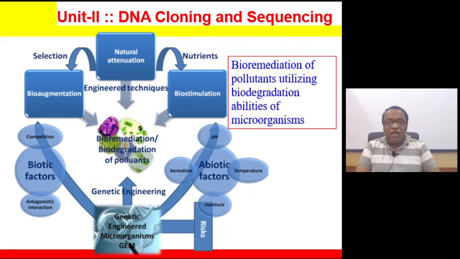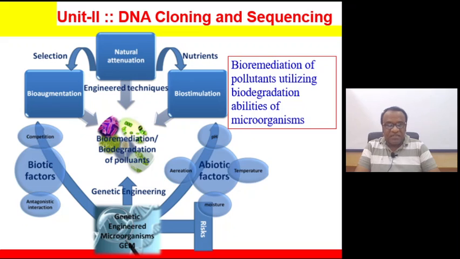Right? So now this illustration gives you an idea about the factors that influence the process of bioremediation. So this is bioremediation of pollutants utilizing biodegradation abilities of microorganisms. We have seen the three different levels: the natural attenuation, then we have the biostimulation, then we have bioaugmentation.